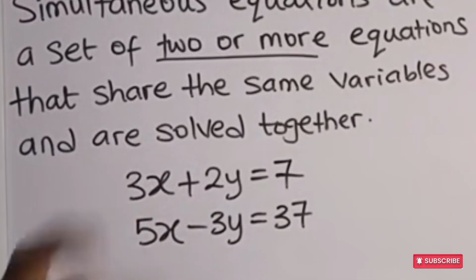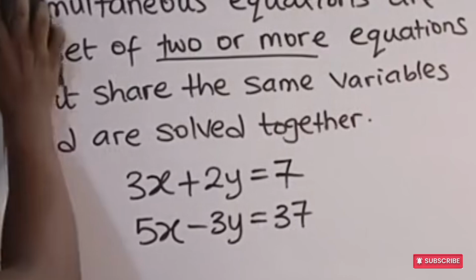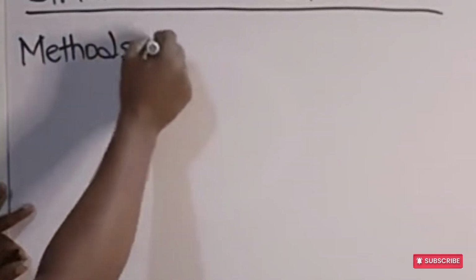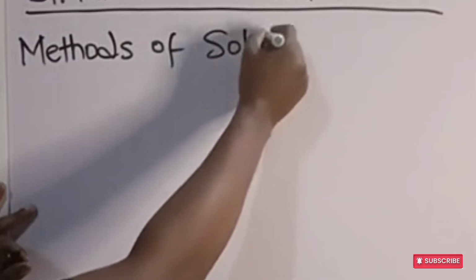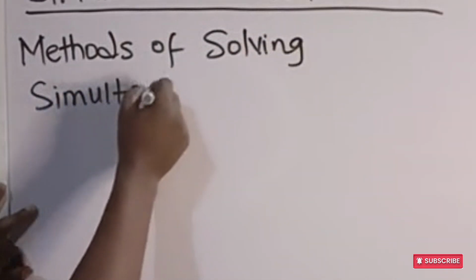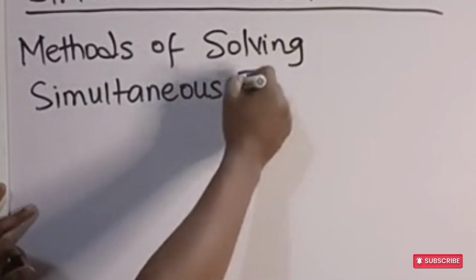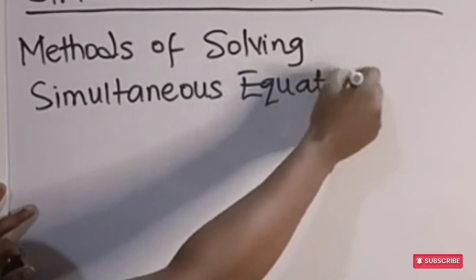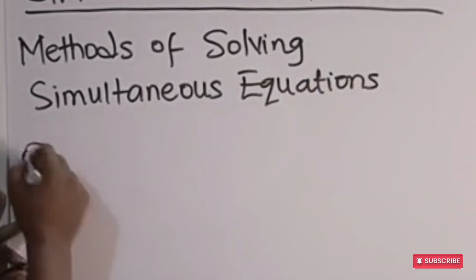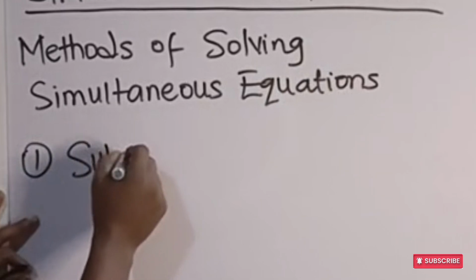Okay. So now there are different methods of solving simultaneous equations. Let's write down the methods. Methods of solving simultaneous equations. The first method we are going to consider is substitution method.